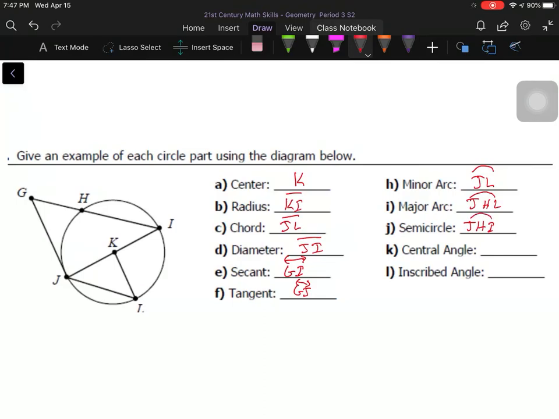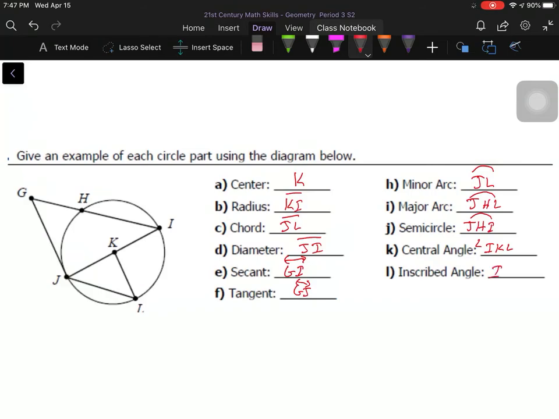An example of a central angle. Again, any 3 of the letters, as long as the middle letter is K on this example. So if I did IKL, put the angle symbol in front of that one. And then the last one, an inscribed angle. That has to be on the circle.